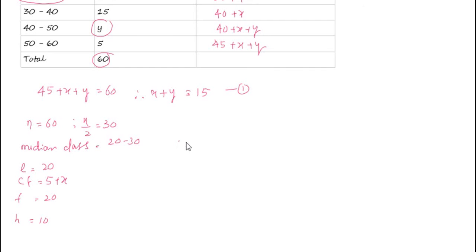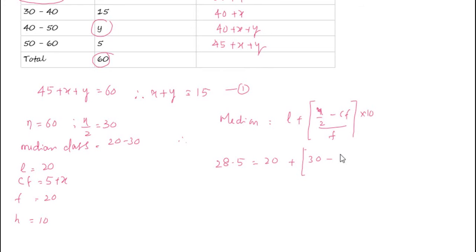So therefore we know median equal to L plus (n by 2 minus CF) divided by F into H. So 28.5 equal to L is 20 plus, sorry, it is n by 2, that is 30, minus CF.